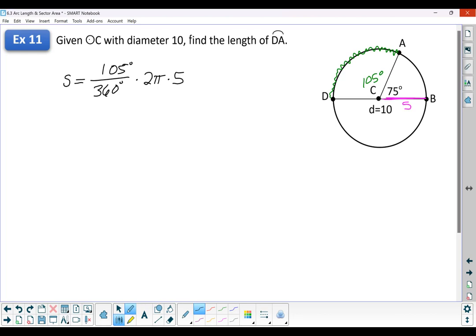I'm having a hard time punching my calculator buttons. All right, so that would be 35 pi over 12, or in decimals, that would be 9.16. And that gives us the arc length from D to A.